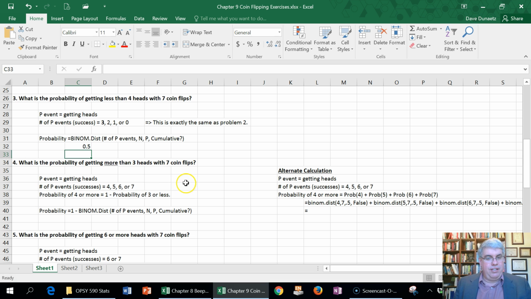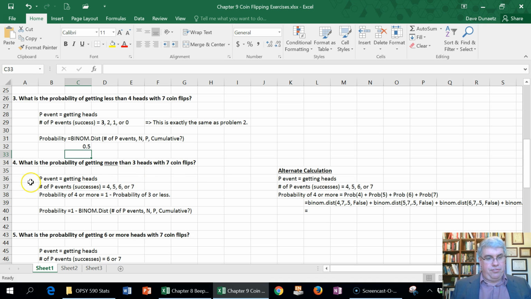Now, let's look at what's the probability of getting more than 3 heads with 7 coin flips. Okay, so now on the bell curve, we are looking at the right side of the bell curve. But our binomial distribution defines things in terms of what's left to our point.